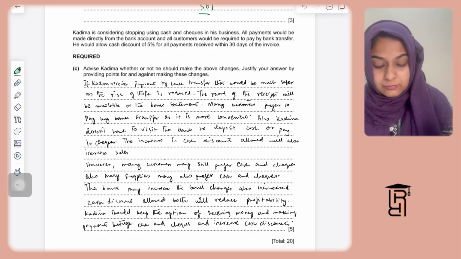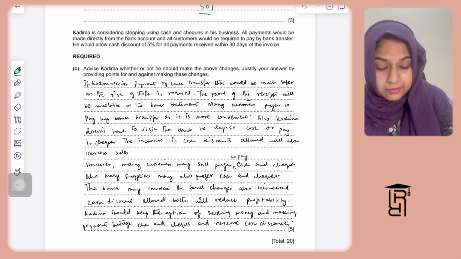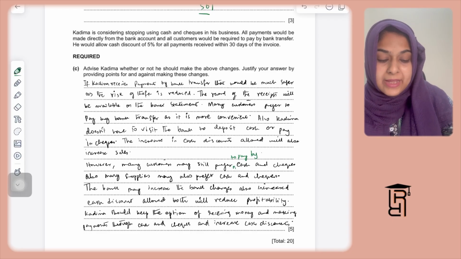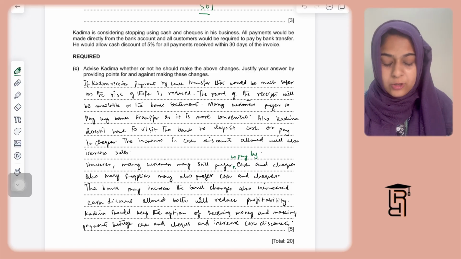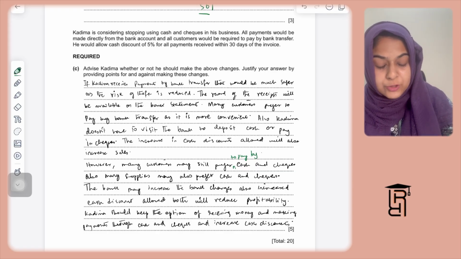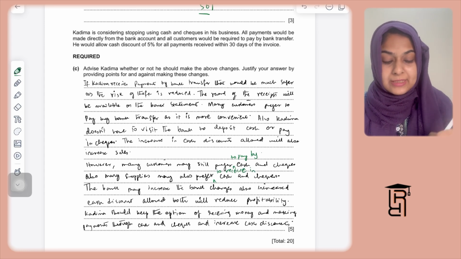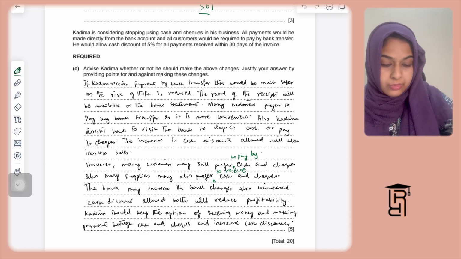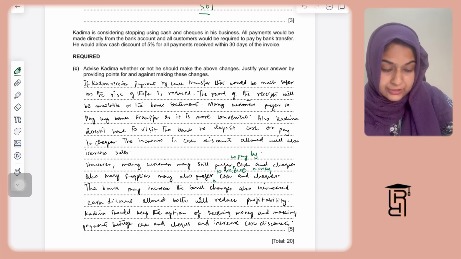So many customers may still prefer to pay by cash or checks, and many suppliers may prefer to receive money through cash and checks.